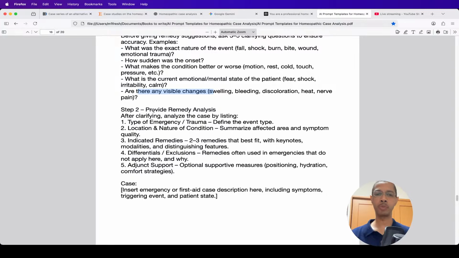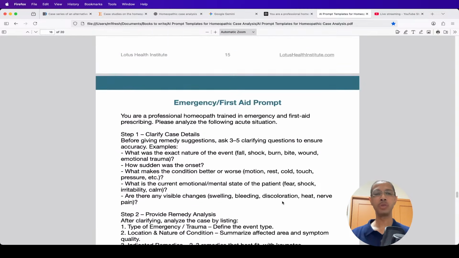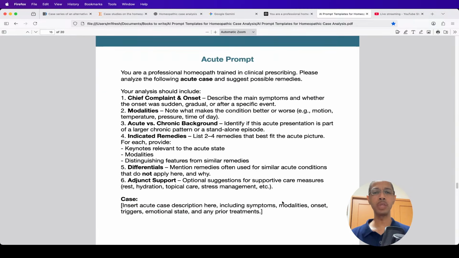And then what it'll do is provide remedy analysis: type of emergency or trauma to define the event, location and nature of condition, which summarizes the affected area and symptom, some indicated remedies, 2 to 3 remedies that best fit, differentials and exclusions, and then adjunct support. So let's go with the acute prompt since we don't have to do the follow-up.